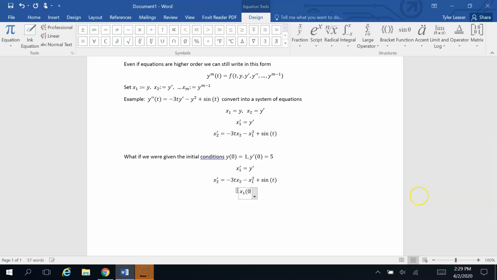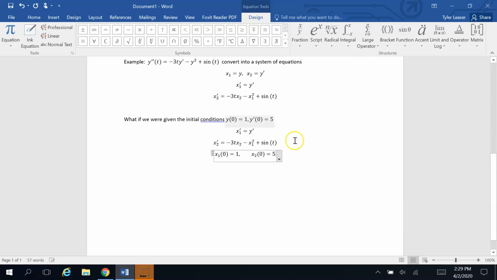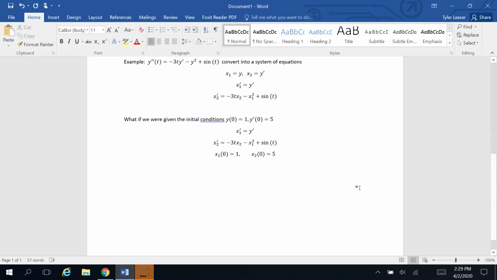So here we would just say x sub 1 at 0 is equal to 1. Same exact thing as that initial condition. All right, y prime of 0 is equal to 5, and remember we set y prime to be x sub 2. So my other initial condition would just be that x sub 2 at 0 is equal to 5. All right, so nothing too crazy there when changing over from a regular differential equation into its system. You're just defining these new variables x sub 1 and x sub 2.